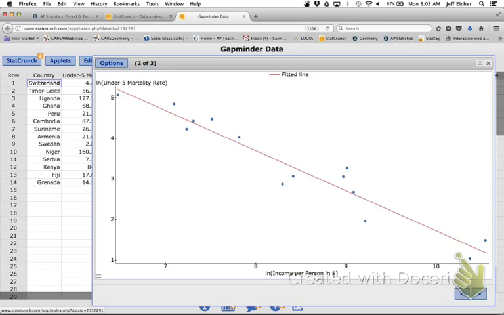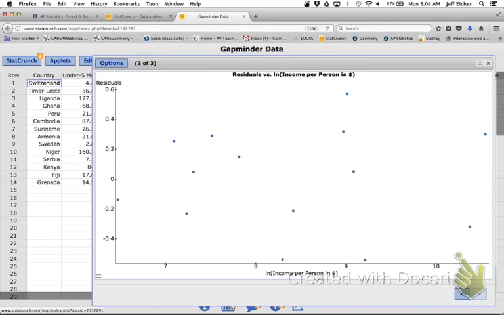Now notice this is ln under 5 mortality rate, and we had ln income. And it looks pretty straight. It might be appropriate to use a line to model this transformed data. And looking at the residual plot, that looks like a pretty good random scatter to me. No distinct curve pattern.